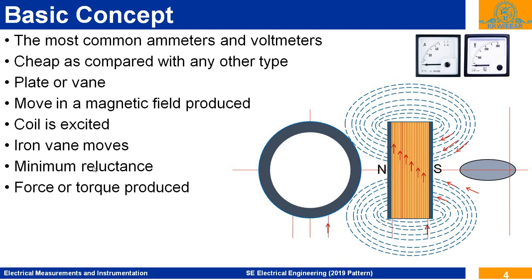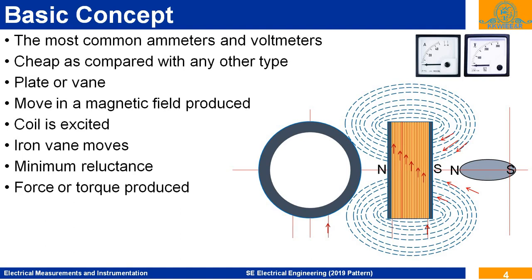So when this field is generated because of this measuring quantity flowing through this stationary coil, the north and south poles are also formed on this iron piece, the soft iron piece.